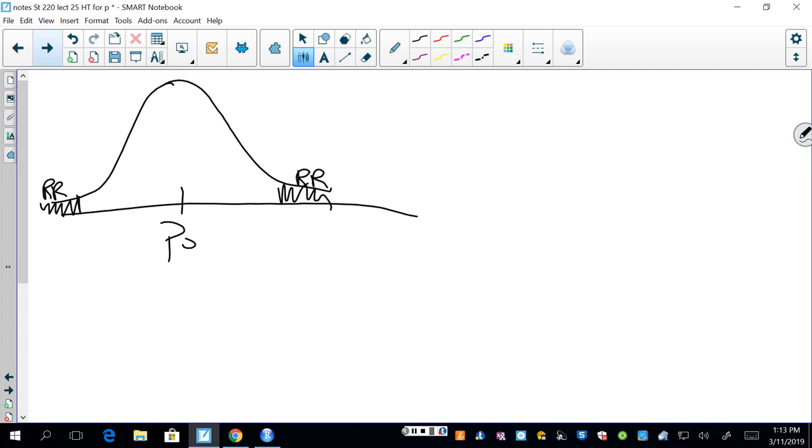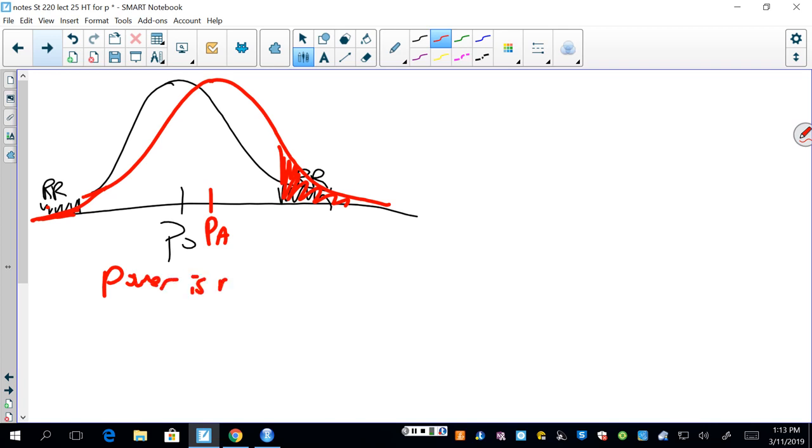And if the alternative, if your benefit really is quite small, if pA is here, then the sampling distribution is this other picture, and the chance you're in your rejection regions, this should be a little bit smaller, I guess, a little smaller tail out here than the rejection region probability. And this picture would have power is not good. It looks pretty small.